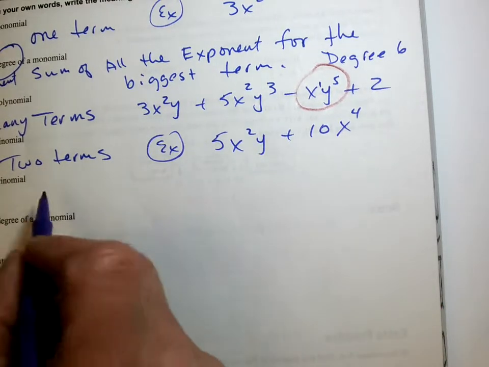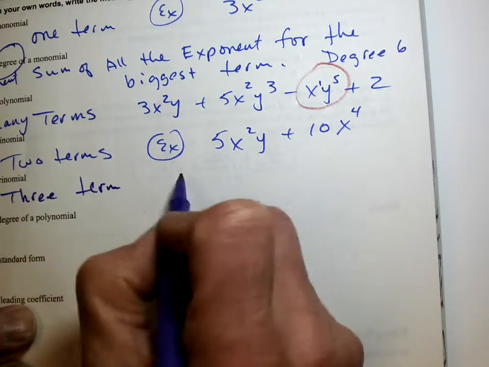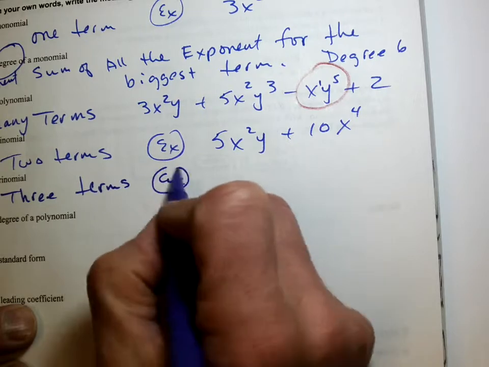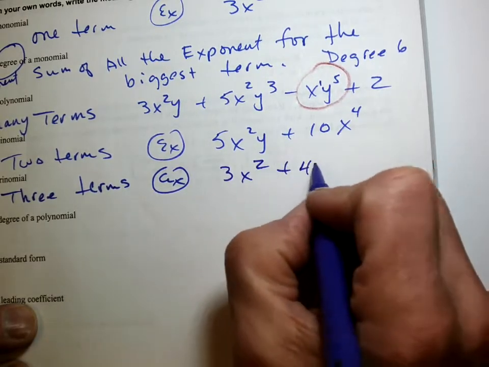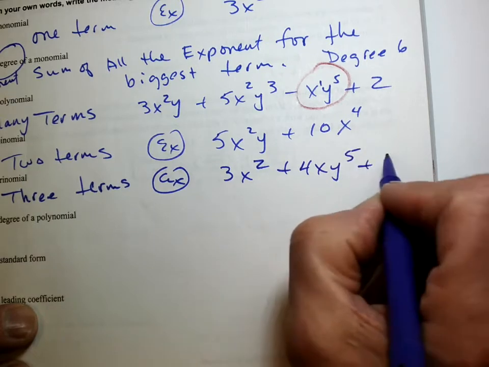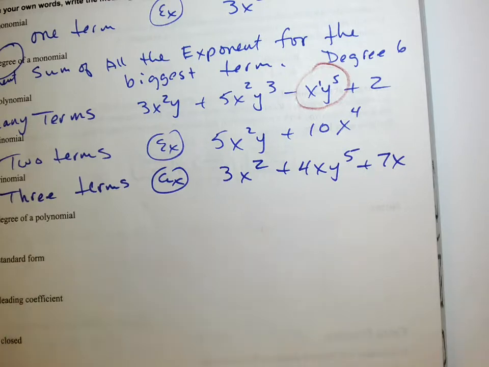Okay, trinomial. 3 terms, right? As an example, I can go 3x squared plus 4xy to the 5th plus 7x. That's a trinomial, 1, 2, 3 terms. I keep putting pluses, but you can put minuses in between. So it's the plus and minuses that separate the terms. This is not hard.